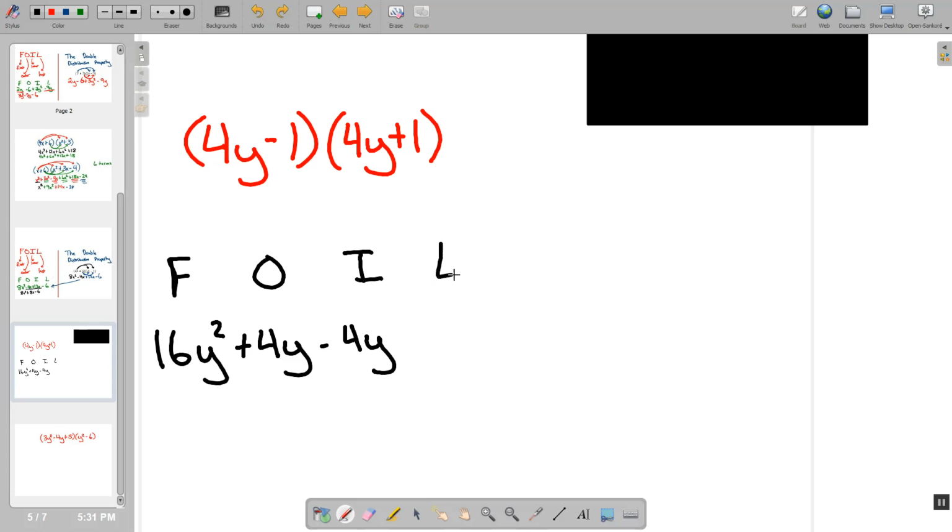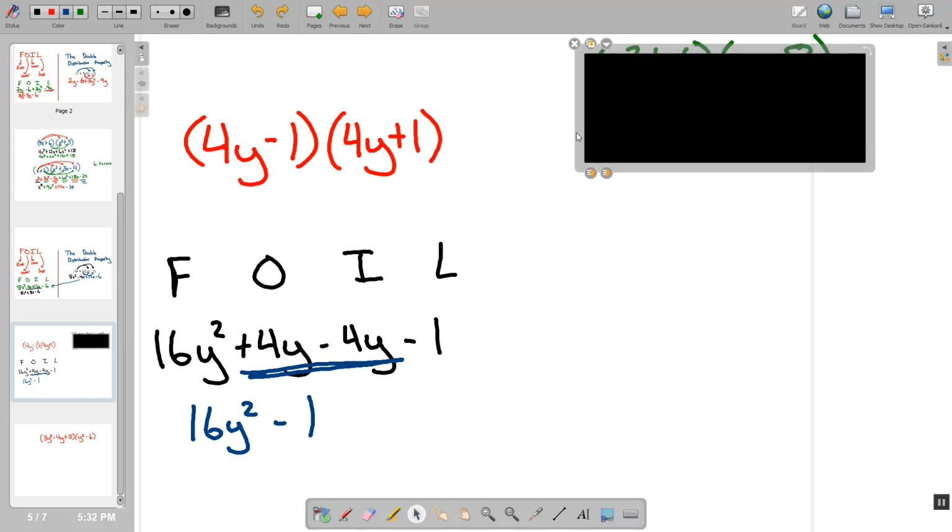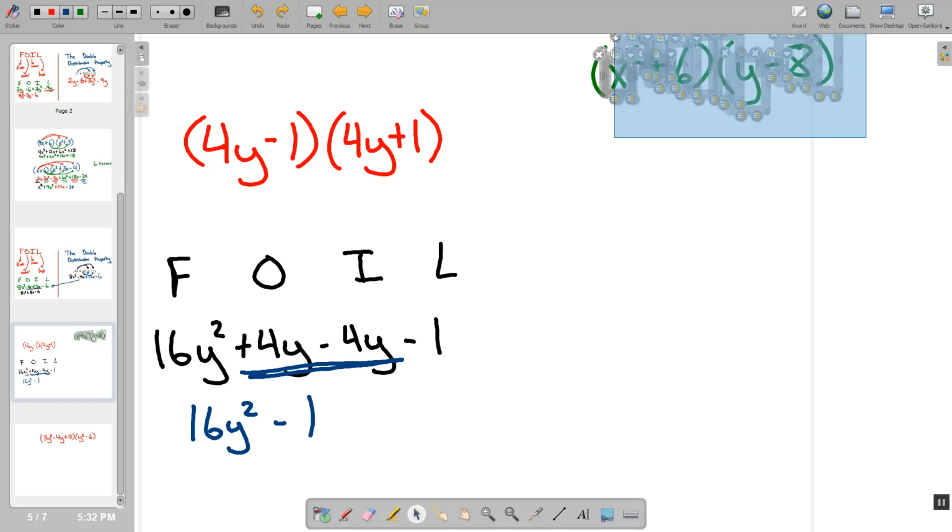And the last term here would be negative 1 times positive 1, which is negative 1. I can combine the middle terms here, and don't be fooled, these do create a 0. So I end up getting 16y squared minus 1, because this term can be ignored. I would not write 0y here. So that is foiling. The double distributive property is the exact same process.